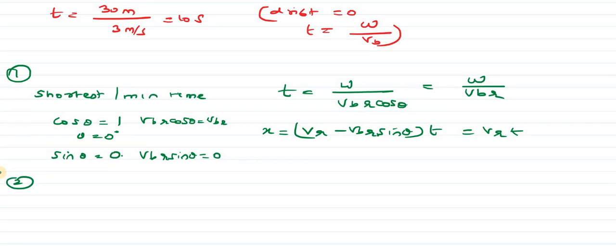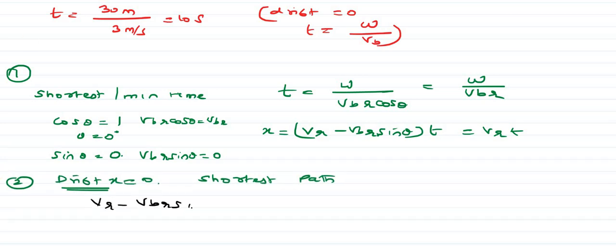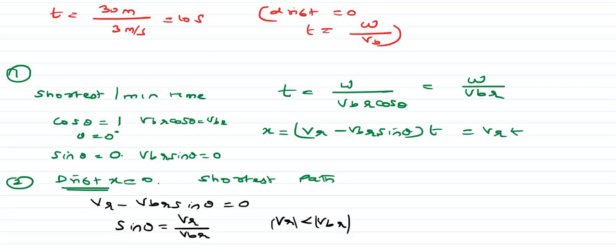Next what we have seen, drift x has to be 0. This means shortest path, right? Under this condition, VR minus VBR sin theta has to be 0. That means sin theta is VR by VBR. Correct? This is applicable only when VR is less than VBR, magnitude.